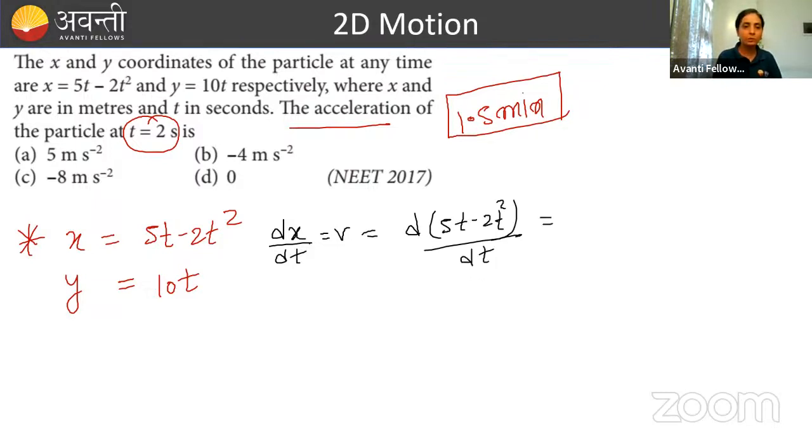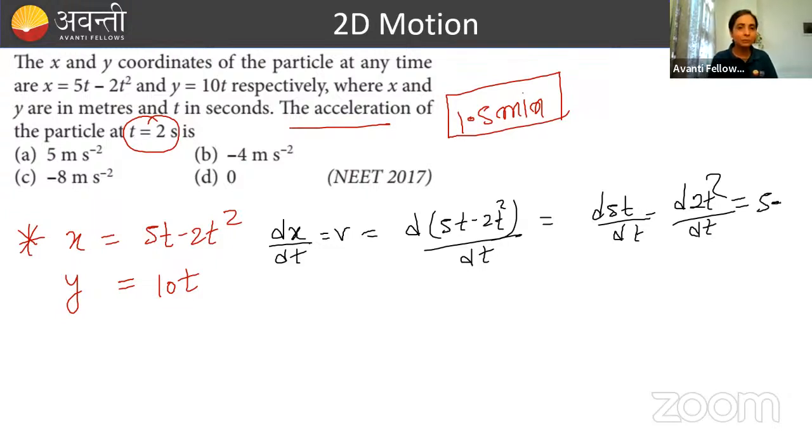So this will become d(5t)/dt minus d(2t square)/dt. By now you have become quite accustomed to differentiation, right? So what will be the differentiation of this term? 5 is constant, will come out, dt by dt is 1. So this is 5 minus, and what is the differentiation of t square? That will be 2t. So 2t into 2, that is 4t. So this is your velocity.